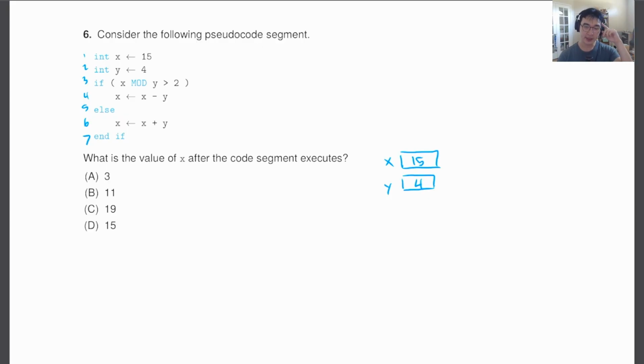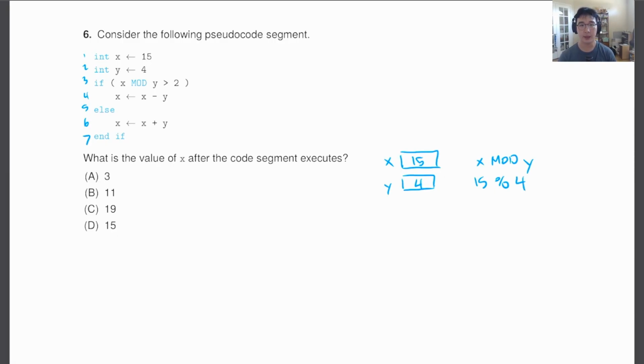I like to always mentally replace the word if with is, and I just ask, is whatever's in the parentheses true or false? Well, what is x mod y? X is 15, we can represent mod with a percent sign, and y is 4.